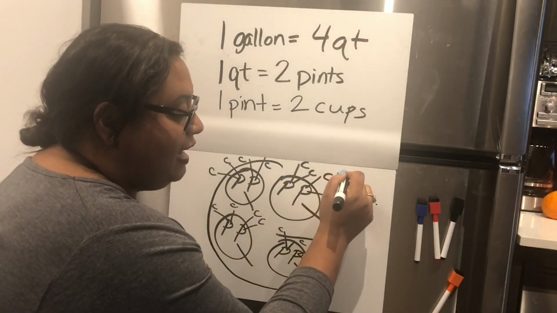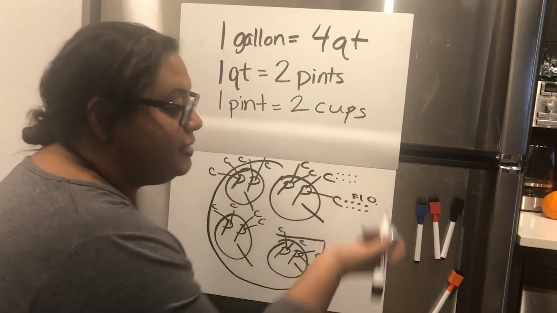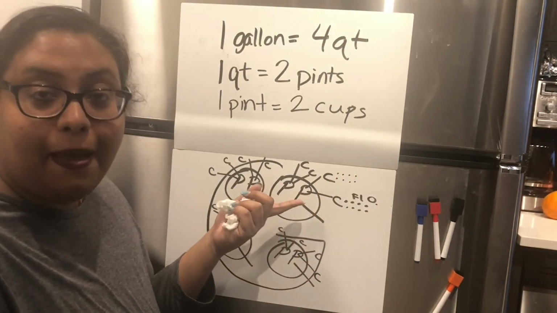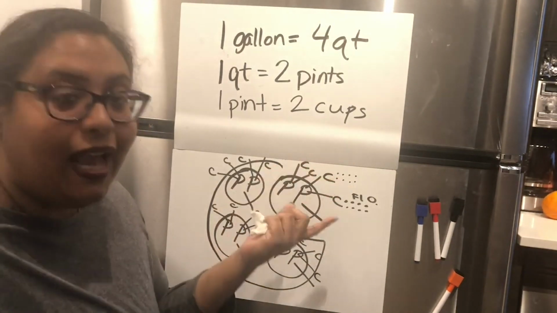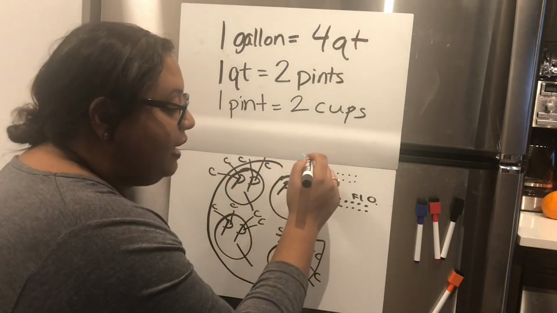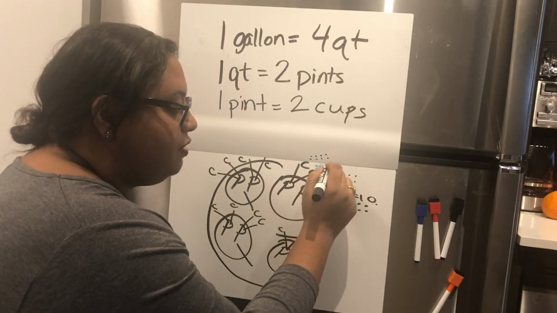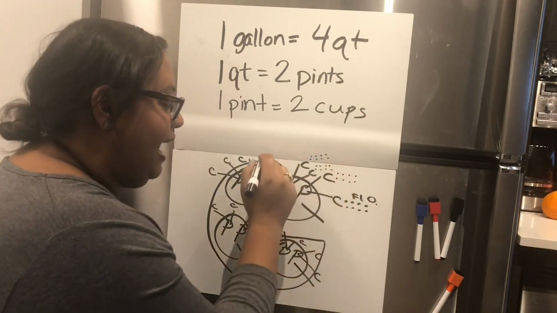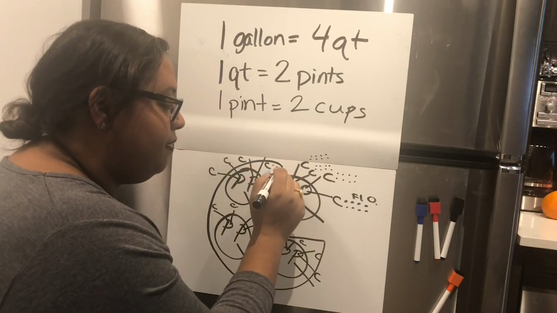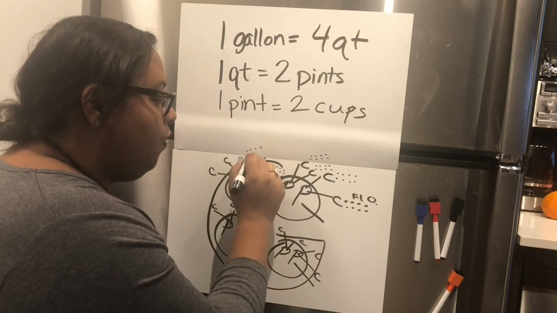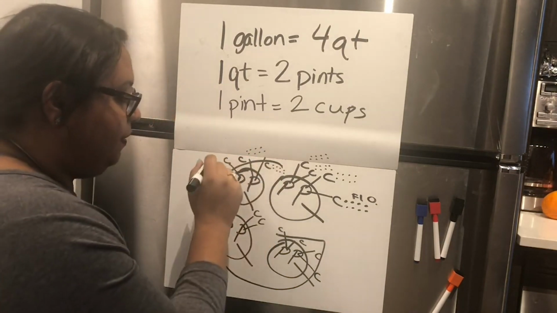So if a pint has 2 cups, how many fluid ounces are in a pint? 8 plus 8 is what? 16. So each cup, and I'm putting these little dots to represent 8, each cup has 8 fluid ounces.